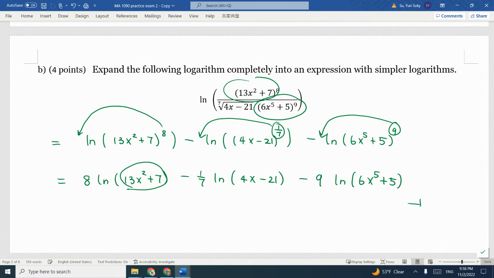But here, the inside of the ln is a plus. We cannot break it anymore. If it's a product or division, we can break it. But if it's a sum or difference, we cannot break it further. So this is as far as we can get. All right, so this is part B. If you can understand part B, could you type B in the chat?